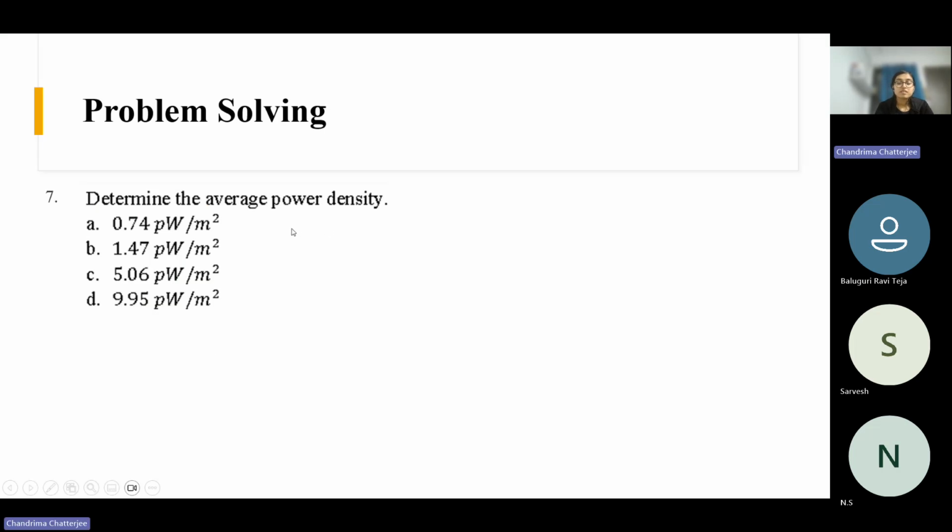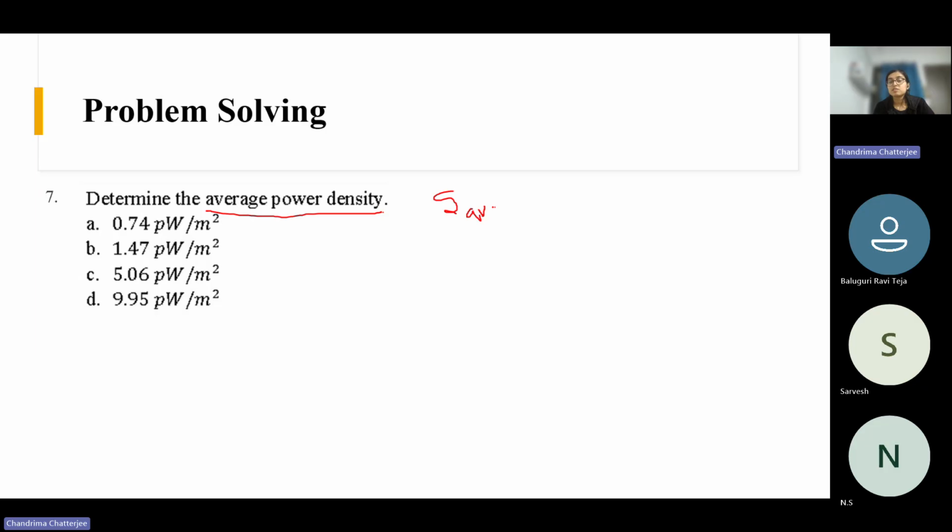Okay, so what is the next question? Determine the average power density. So there is some radiation happening, some emission, and there will be a power transfer due to radiation, and we can find out the average power density, which is in watt per meter square.